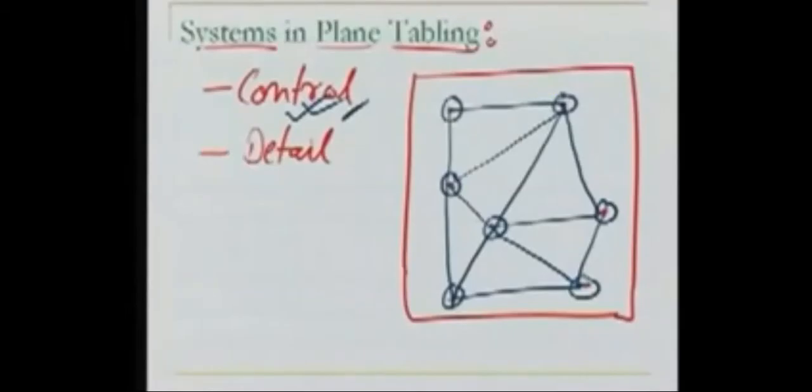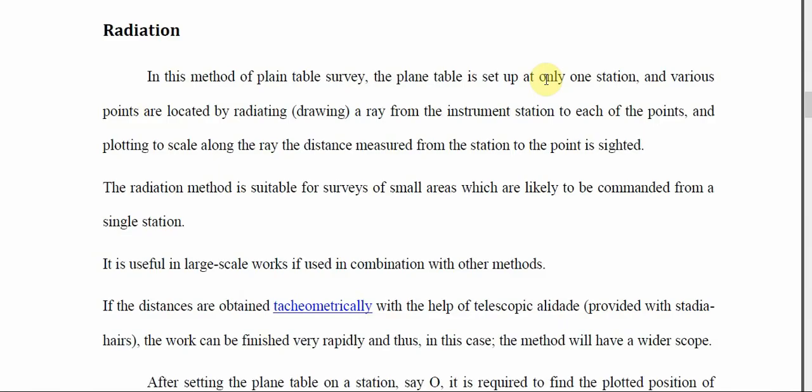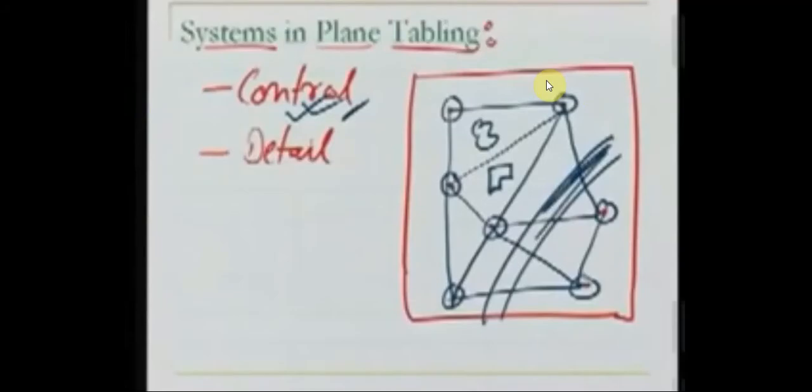How to fill the details? Plot the tree here, we want to plot the building here, or we want to plot the road here. Now how to do that? This process we are going to look into.